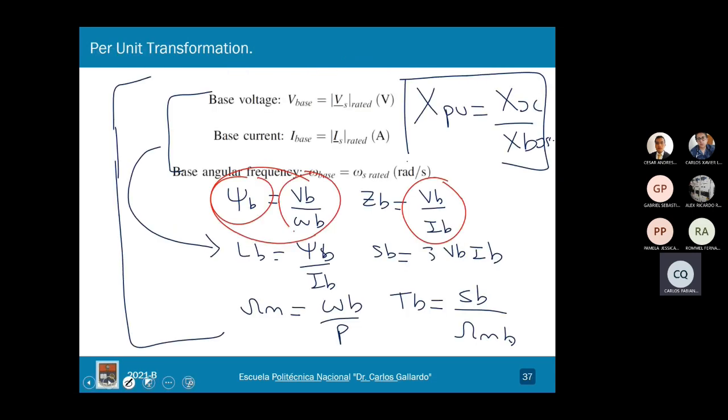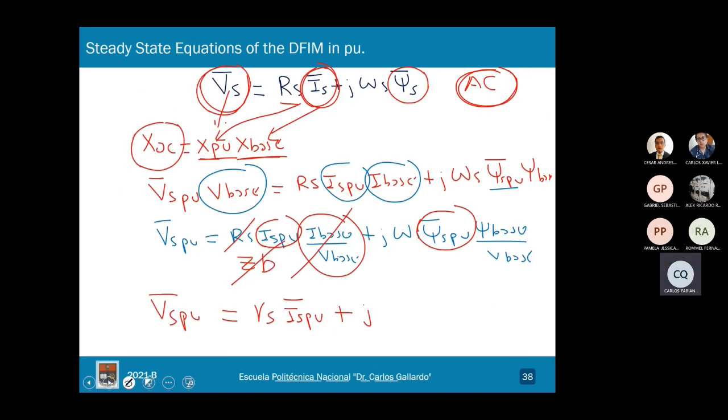The flux is voltage over speed, so the flux base is equal to the voltage base over the speed base.